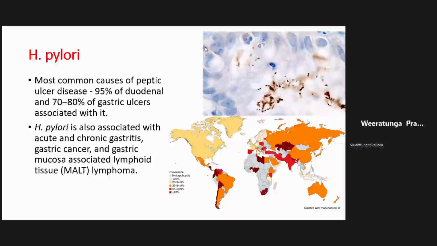That's fine. Okay, so Helicobacter pylori infection is traditionally associated with poor socioeconomic status and overcrowding. This is because the infection spreads via the fecal-oral route also.